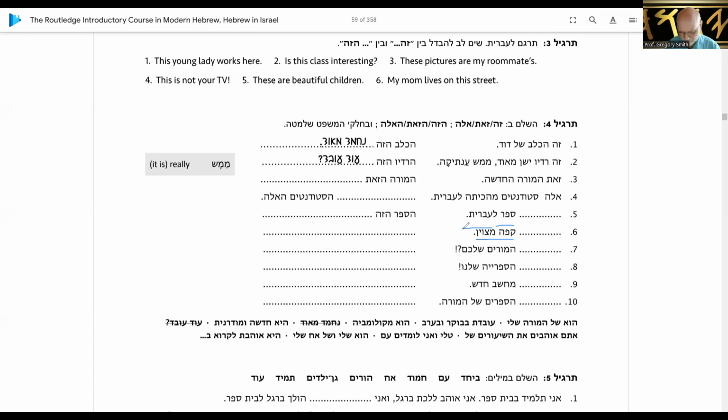Let's see here. I'm using Pa'alim to see if I can get a masculine or feminine gender, because that would depend on whether we use Zeh or Zot. But I'm going to go with Zot. I don't see it on Pa'alim. It doesn't give me that. Zot Cafe Metsuyan. So this coffee is excellent. How about that?